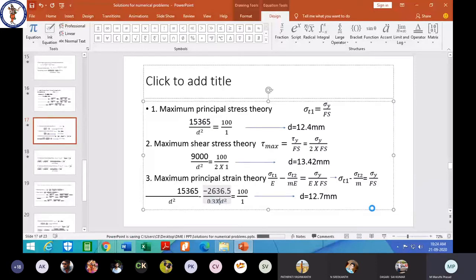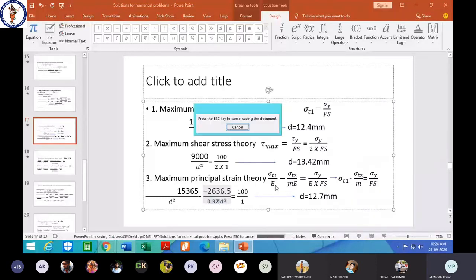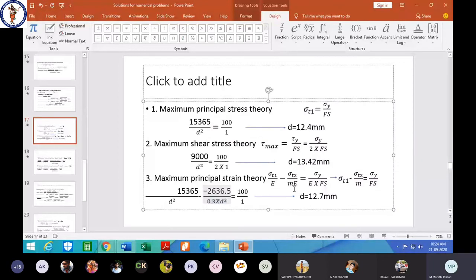This is the modification. We have missed Poisson's ratio. Sigma T1 by E minus sigma T2 by mE equals sigma Y by E into Fs, which is nothing but sigma T1 minus sigma T2 by m equals sigma Y by Fs.